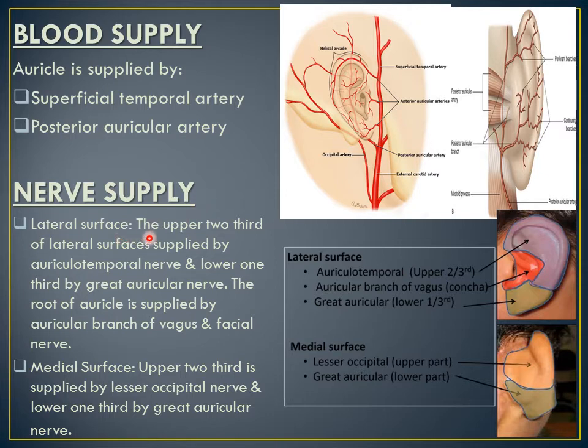The upper two-thirds of the lateral surface is supplied by the auriculotemporal nerve, which is a branch of the posterior division of the mandibular nerve from the trigeminal nerve.